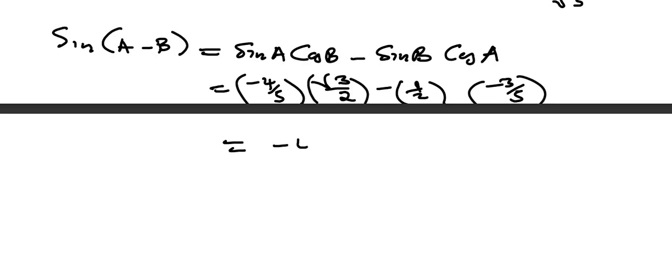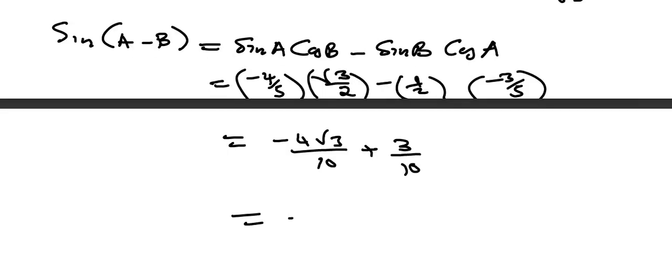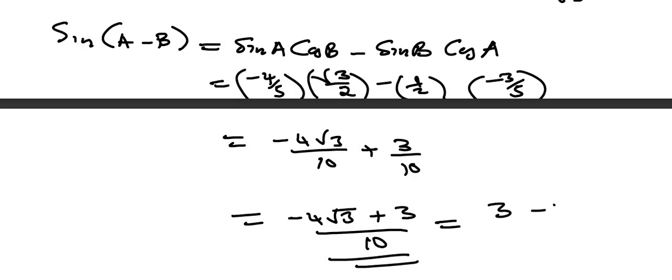This will give us negative 4√3/10 plus 3/10. This will be negative 4√3 plus 3, everything over 10. This is what you get, which can be written as 3 minus 4√3 over 10. This is better. So that's the exact value of sine of A minus B.